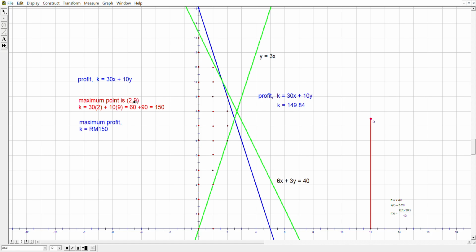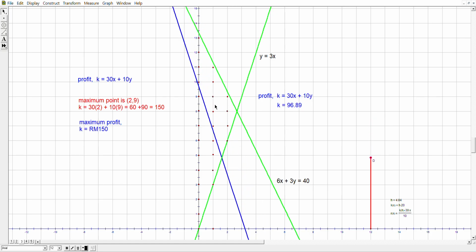So I substitute 2, 9 into this function here, and it will give me 150 ringgit. Now in this problem, you have to choose whole numbers, because the number of tables and number of chairs are whole numbers. That's why I'm taking these whole number points.